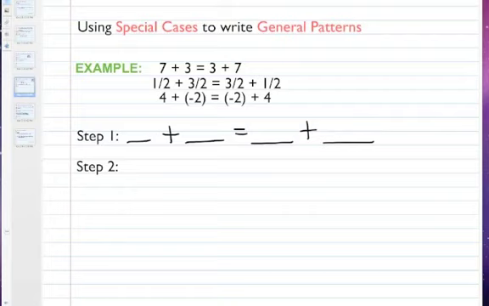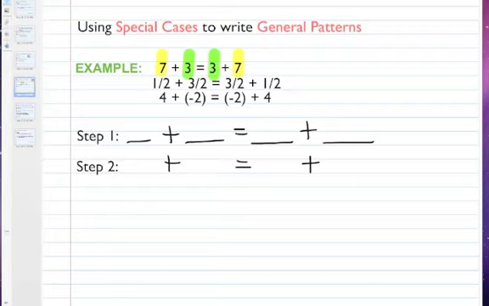Now, one additional thing I need to do because we're working with 2 variables is I want to look and see within one special case what numbers I see remaining the same. For example, I see a 7 here and a 7 there, but I also see that a 3 stayed the same. Its position just changed. When I'm doing that, that's where I'm thinking about replacing with a variable.